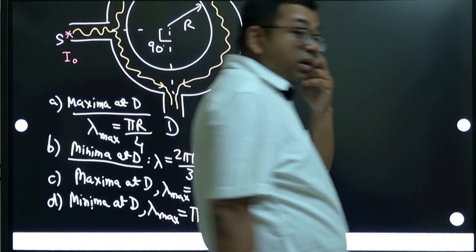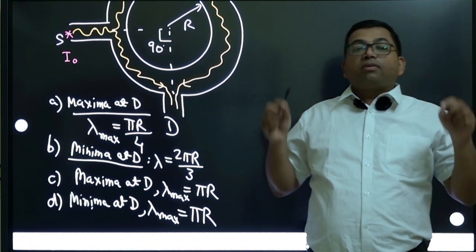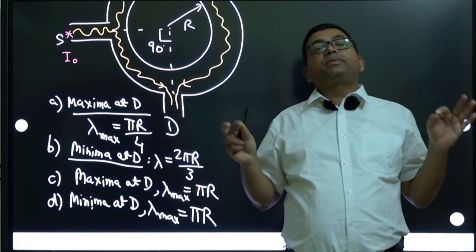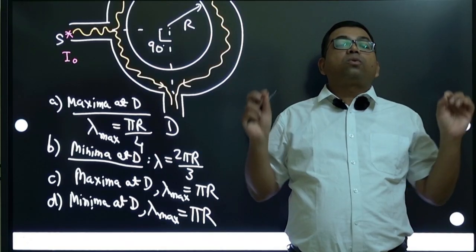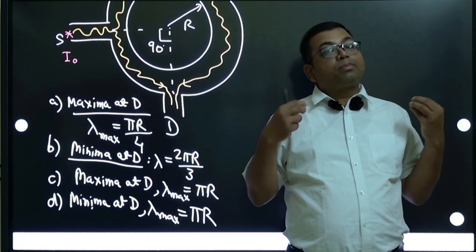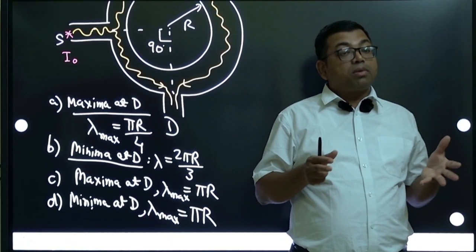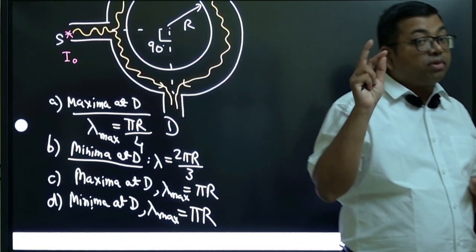Also note here one thing, that both the waves are coming from the same source. So definitely both the waves must be the same in every respect. That means both the waves are coherent waves. So the only thing is that you have to calculate the path difference for maxima and minima. So I'll give you the hint. Try to calculate the path difference.